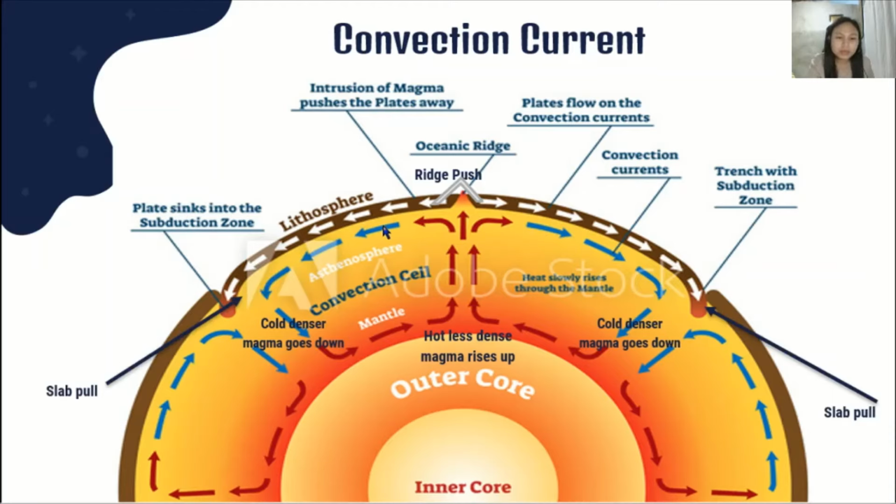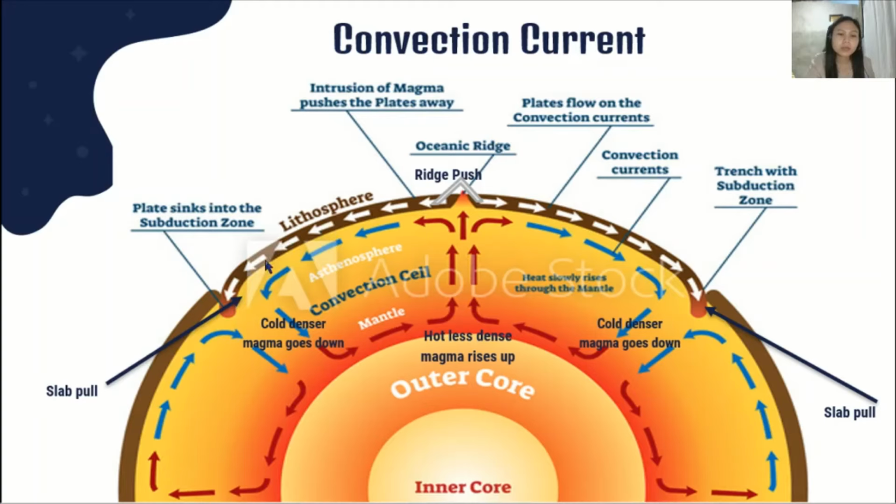As the lithosphere is being pushed from the ridge, the cooler magma helps move the slab, or the lithosphere, going to the subduction zone. And because of gravity, the lithosphere or the slab is being pulled downward.